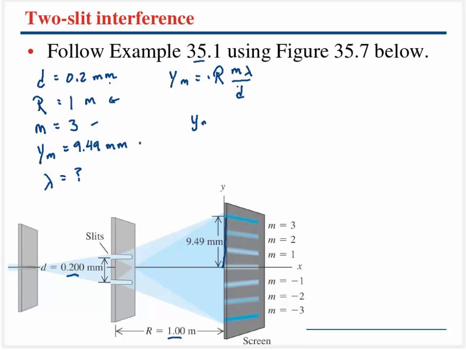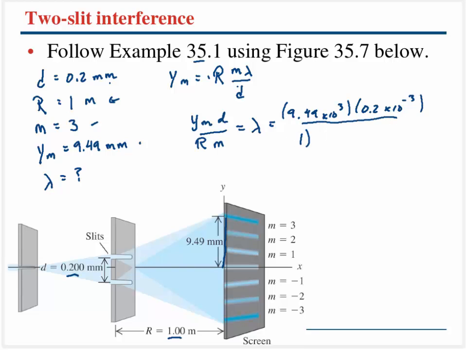So we're very simply going to rearrange this expression for wavelength, and pretty much just get it all into the metric system. So y_m is going to be 9.49 times 10 to the minus third meters. Distance for the slits, 0.2 times 10 to the minus third meters.